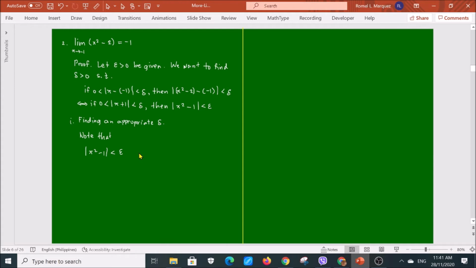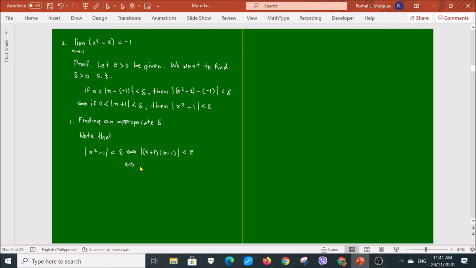Equivalently, we have the absolute value of x plus 1 times x minus 1, when factored inside, is less than epsilon.